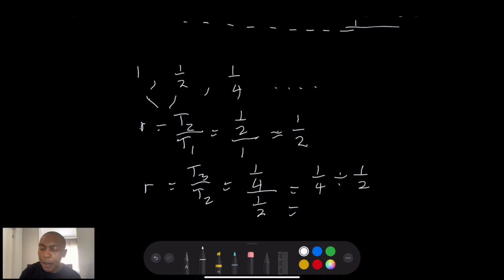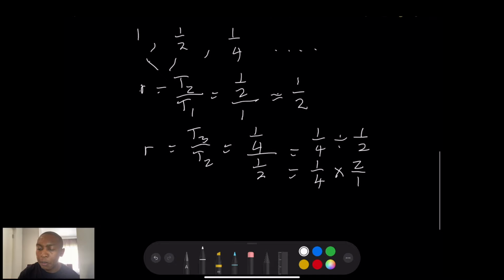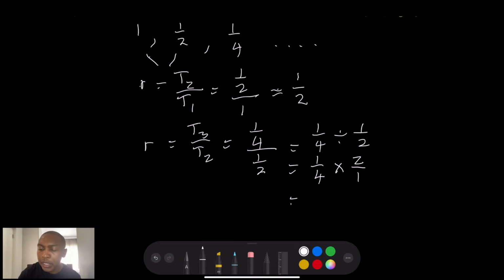But remember, when I'm dealing with fractions, okay, I can convert that division sign into multiplication, but in order for me to do that, it means that I need to now invert the other fraction, okay? So that now becomes 2 over 1. Please keep that in mind.